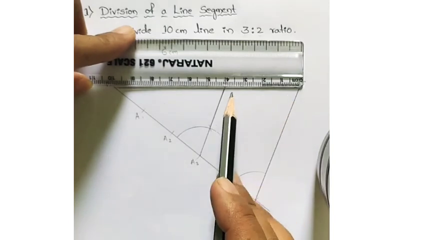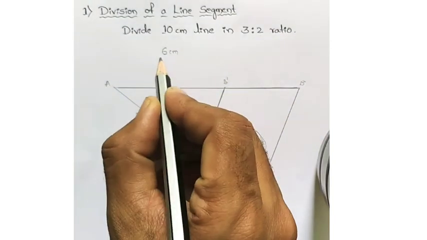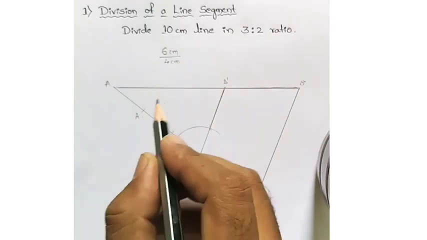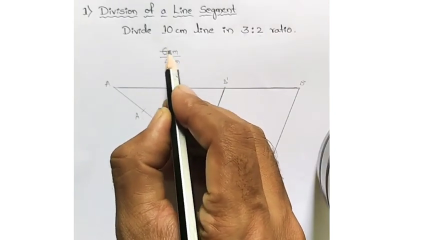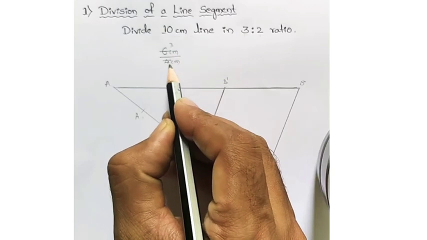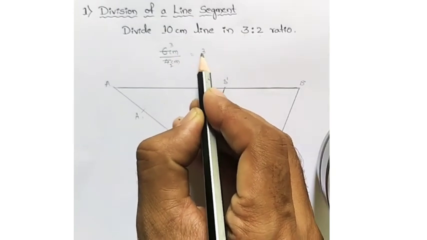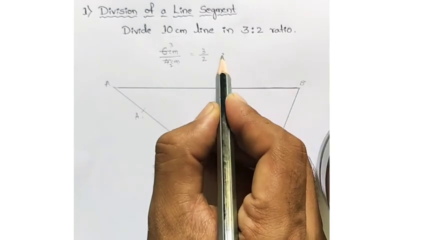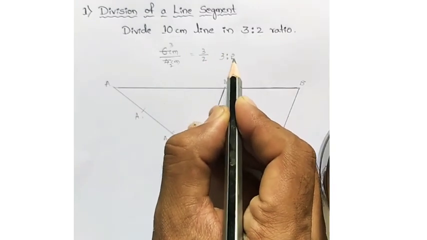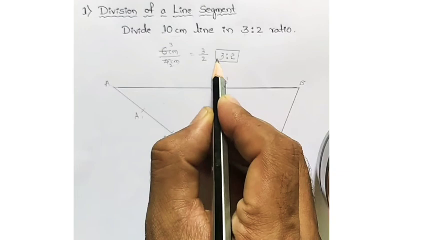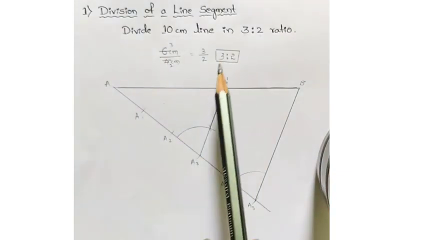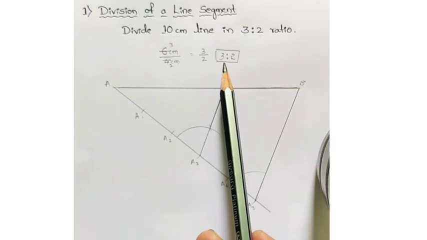Here we are getting 4 centimeter. So 6 by 4 centimeter. So now you can divide it by 2. 2 3s are 6, 2 2s are 4. So what we got the ratio? 3 by 2, which is our 3:2. Understood how to divide the line segment in the given ratio?